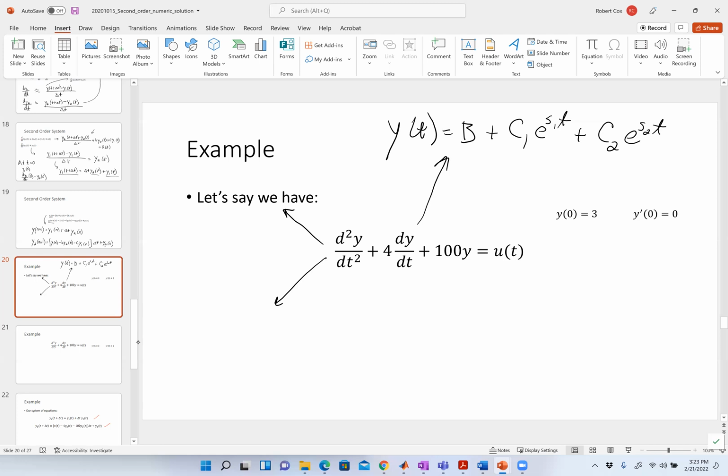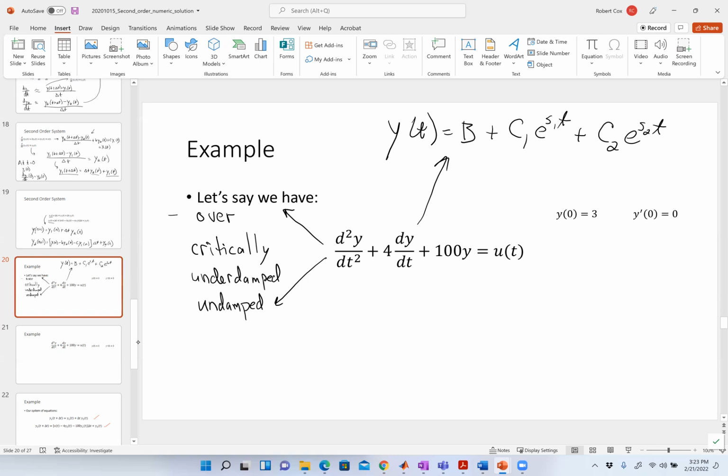The range of possibilities goes from what I call undamped to underdamped to critically damped to overdamped. As I go from undamped to overdamped, how do those exponentials change? What happens if I have an overdamped response?